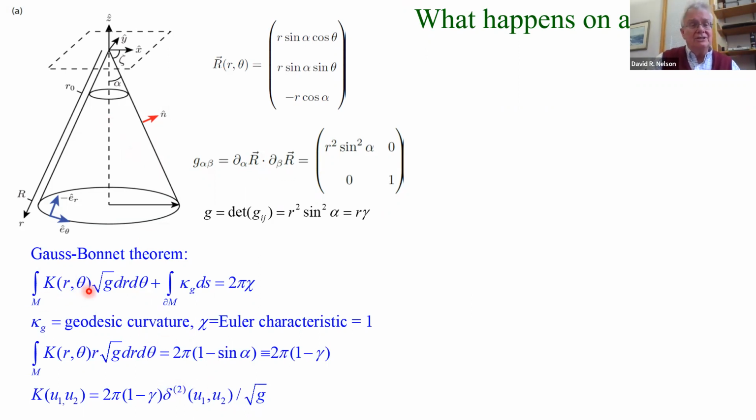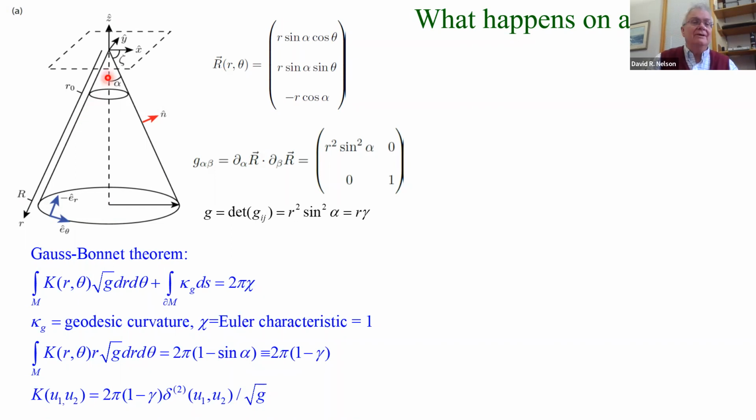It says that the integrated Gaussian curvature, say everywhere above this circle on the cone, plus the integrated geodesic curvature around this edge, which is something you can calculate for a cone, is equal to 2 pi times the Euler characteristic. And the Euler characteristic for something with the topology of a disk or a cone is 1. As a result, you find that this integrated Gaussian curvature is 2 pi times (1 minus gamma), where gamma is the sine of the cone angle.